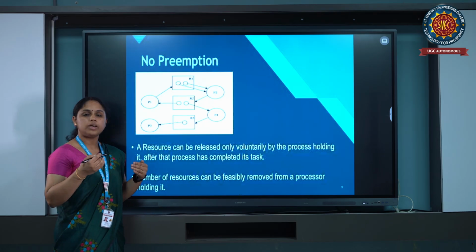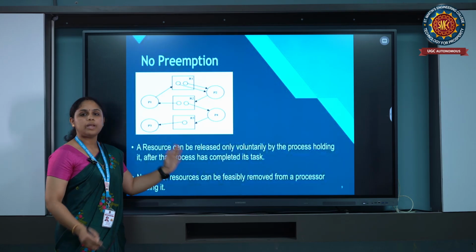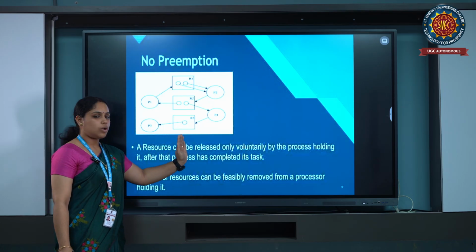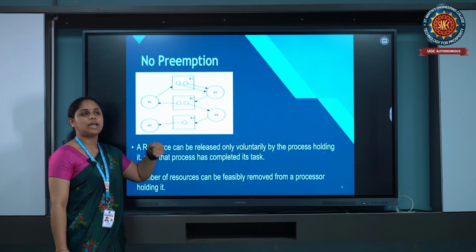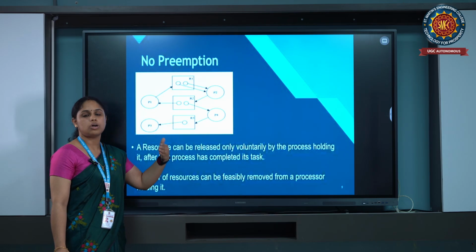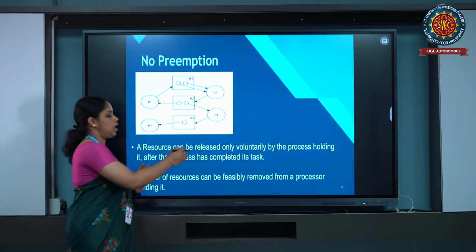But if there is a possibility of deadlock, that should not happen, so no preemption applies. An already allocated resource cannot be forcefully taken and allocated to another process. That is the situation of no preemption.